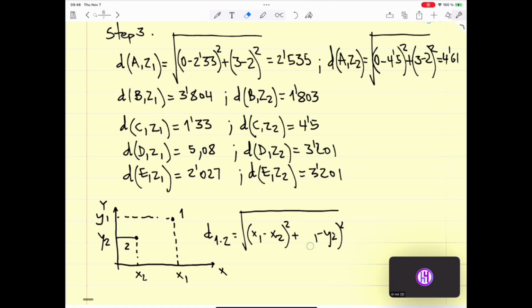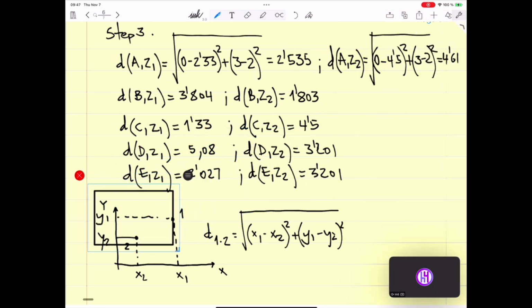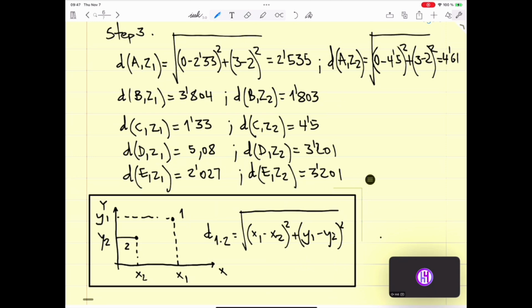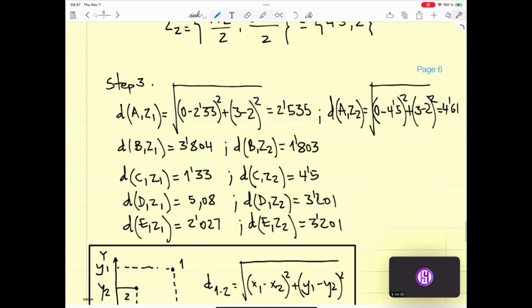This is just straightforward from Pythagoras, okay? I mean, it's just 4th grade, I guess, or something. Or 5th. I don't know.